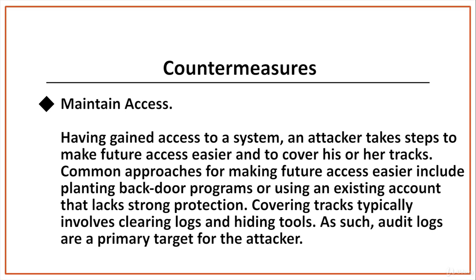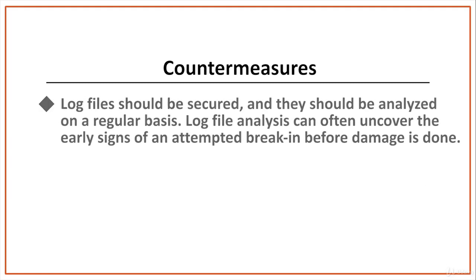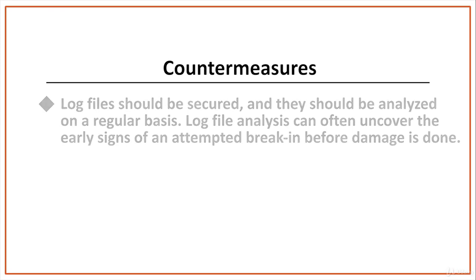Covering tracks typically involves clearing logs and hiding tools. As such, audit logs are a primary target for the attacker. Log files should be secured and they should be analyzed on a regular basis. Log file analysis can often uncover the early signs of an attempted break-in before damage is done.